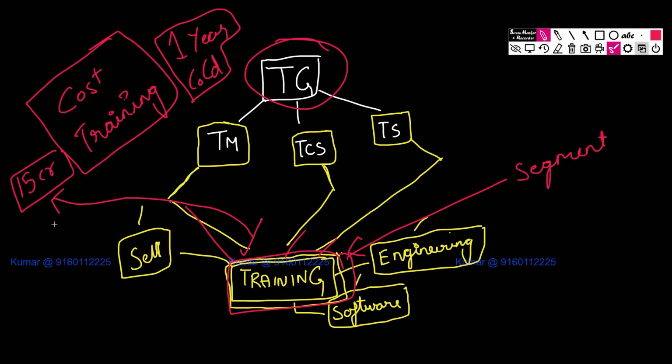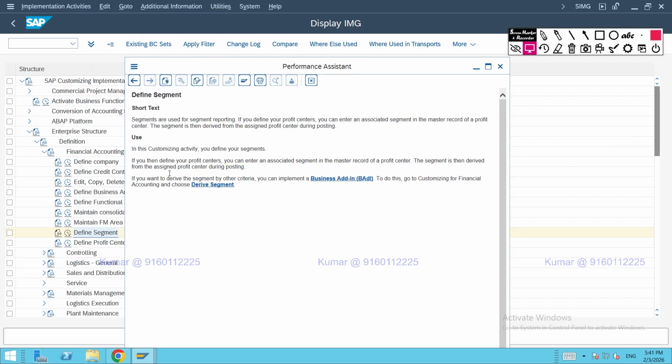They can estimate like that. This is called group reporting. Segment is used for group reporting. Understood segment? Okay, segments are used for segment reporting.